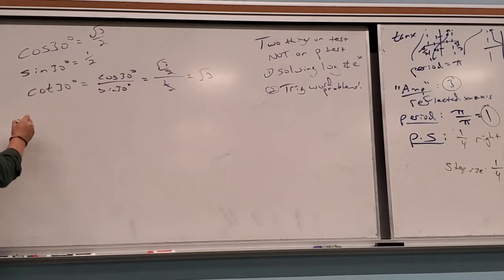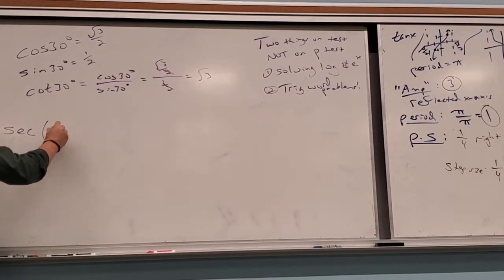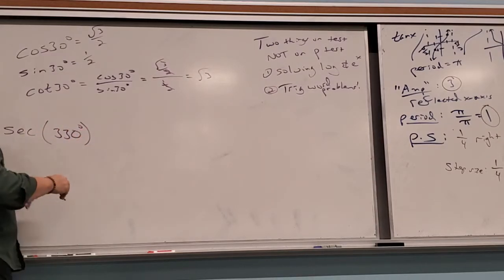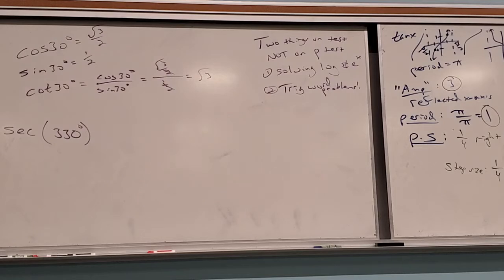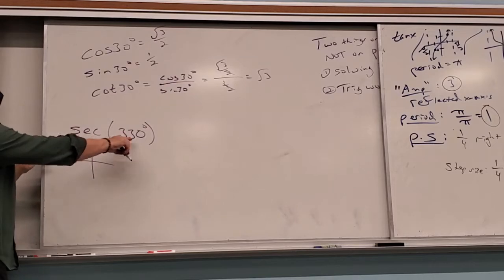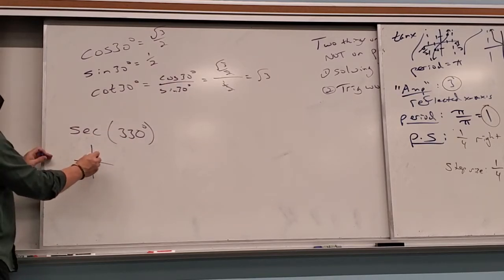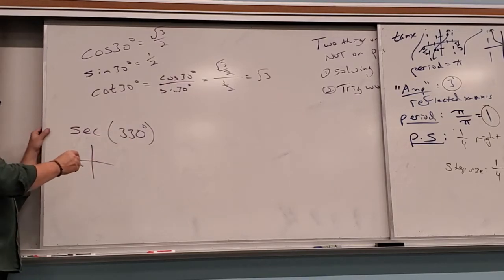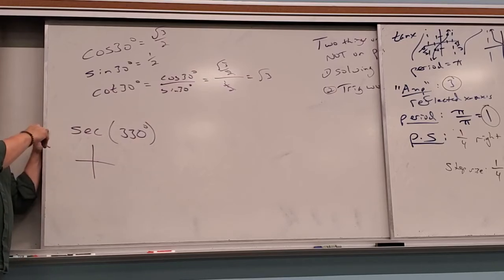So, what if I ask you, what is the secant of 330 degrees? Okay. Let's piece this together. I'm going to ask you to show me reference angle work. So what quadrant am I in? 330 is not quite all the way around, right?